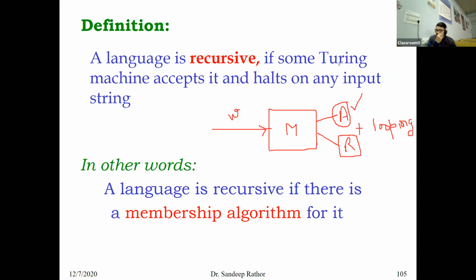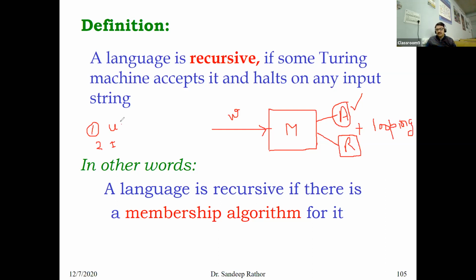Now we will discuss some properties, called decision properties, related to recursive and recursively enumerable languages. Number one is union, number two is intersection.